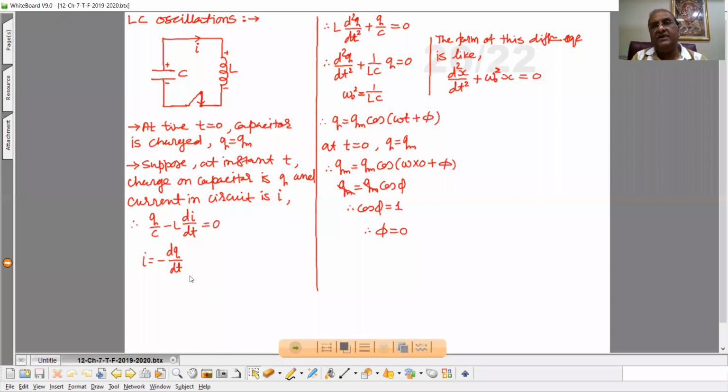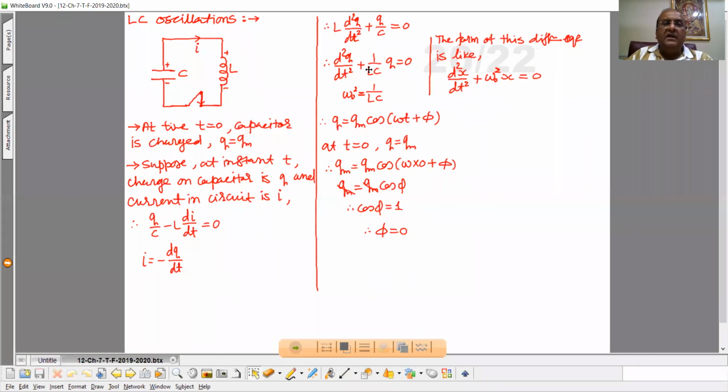Clear? So the rate of change of charge is decreasing, therefore we introduce a negative sign. Now if I is replaced by minus dq by dt, we get the equation L d2q by dt2 plus q by C equal to 0.